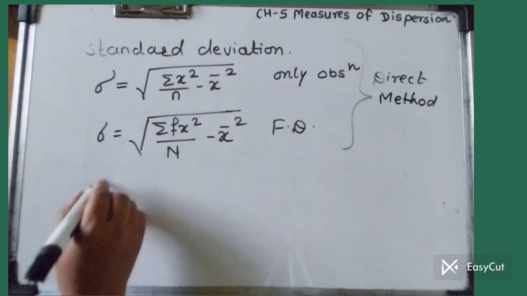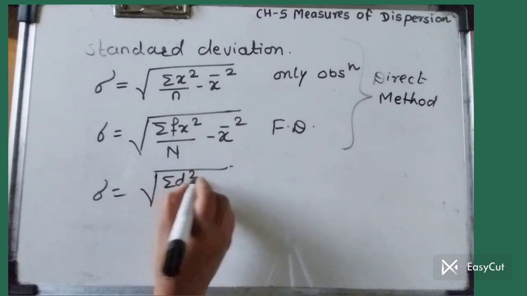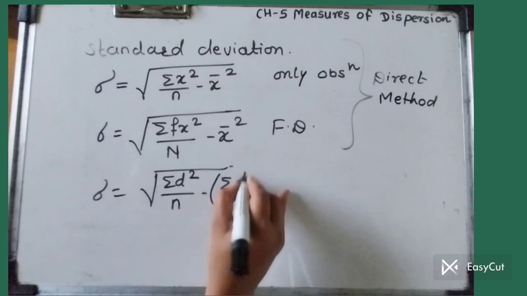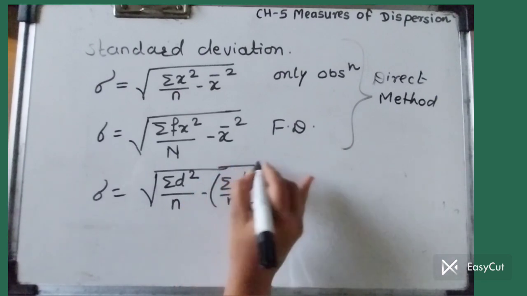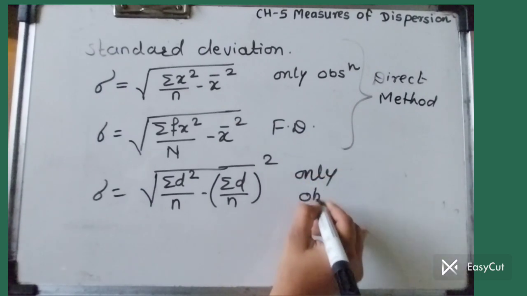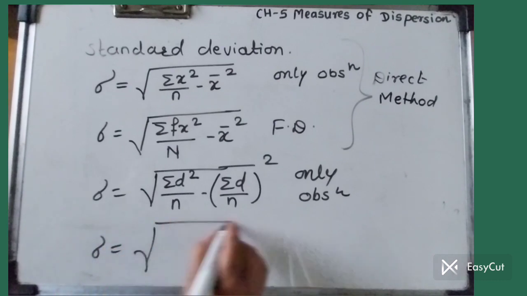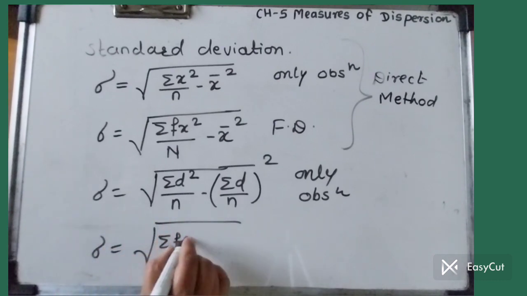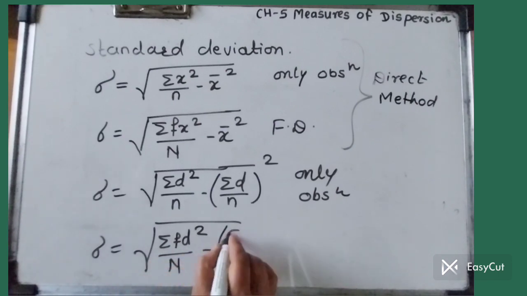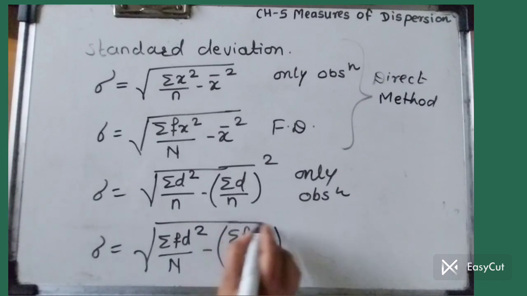Next is the deviation method. For the deviation we use summation d square, where d is called the deviation, upon small n minus the bracket of summation d upon n, squared, for observation only. Again, sigma equals summation f d square upon capital N minus summation f d upon capital N whole bracket square.